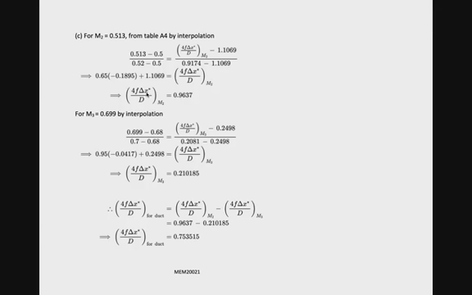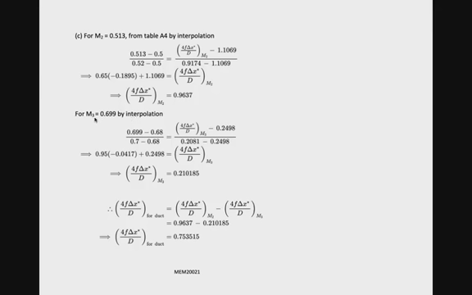This x star means the length of the duct which would give us sonic condition at the exit of the duct for the respective Mach number. Here the Mach number is M2, equal to 0.513, which gives us 0.9637.